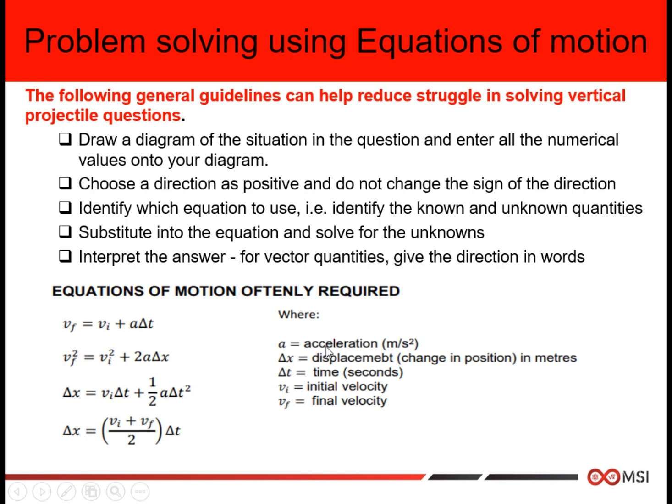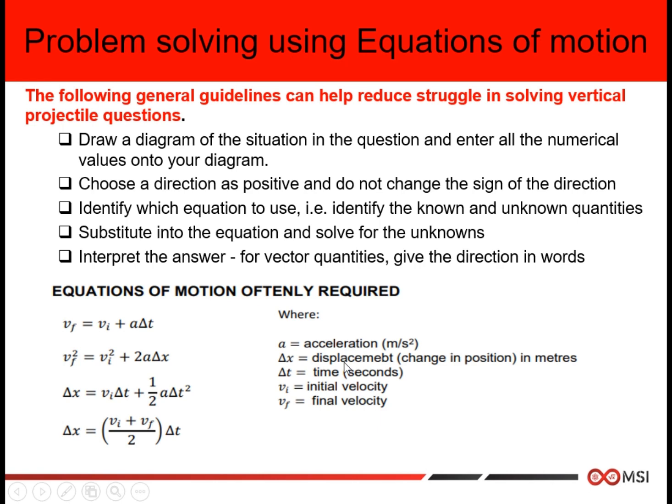for my reasons, because it's an equation that we can all utilize. And we know that a stands for acceleration, which is meters per second squared, and which is our gravitational force, right? And also delta x is the displacement, the change in position. And some people confuse delta x with distance.